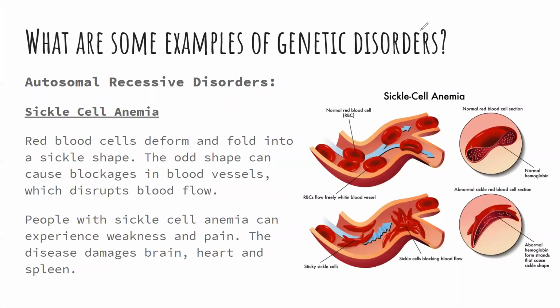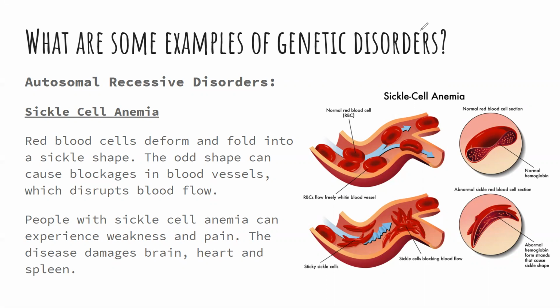Okay, so here are some examples of some autosomal recessive disorders, right? So sickle cell anemia. We had wonderful presentations on sickle cell anemia 2 weeks ago, right? So sickle cell anemia is when your red blood cells deform or they're not regularly shaped and they fold into this crescent shape.